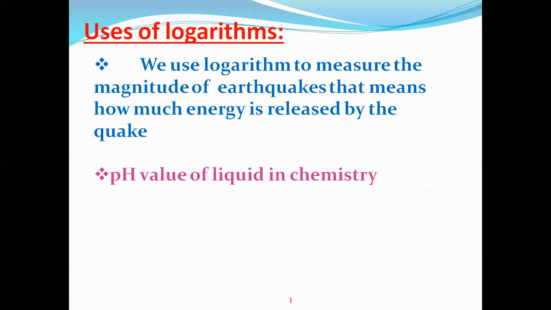Next, in chemistry also we use the logarithm to find the pH value of a liquid. And also we can use the logarithm to find the brightness of the stars. These are some uses of the logarithms.